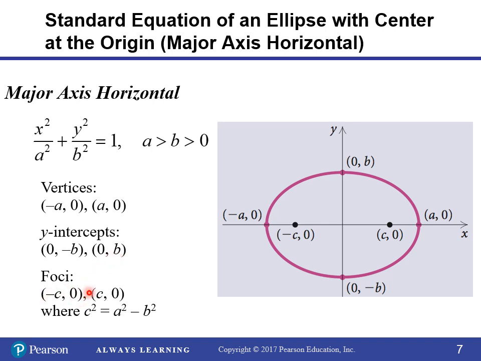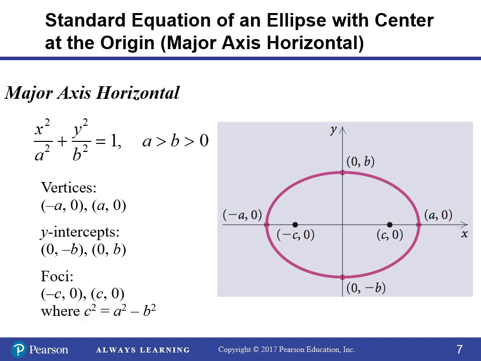And then our foci, we find the foci by using this equation here. It looks very much like the Pythagorean theorem, except it's not a plus sign between your a and b, it's a minus sign. So in this case, we're going to do a squared minus b squared equals c squared. And then when we do that, we find our c.